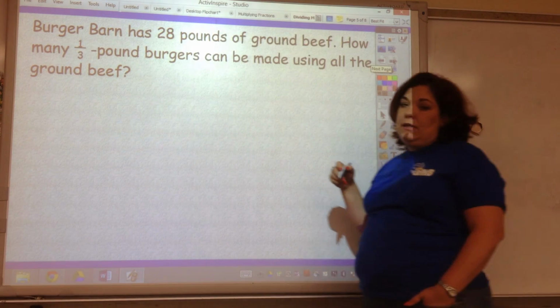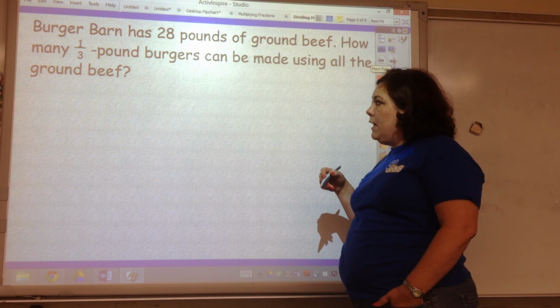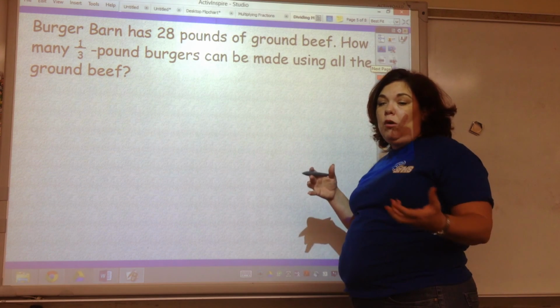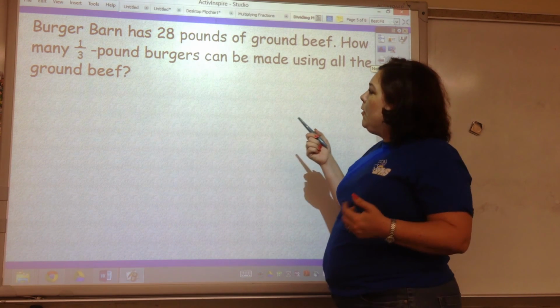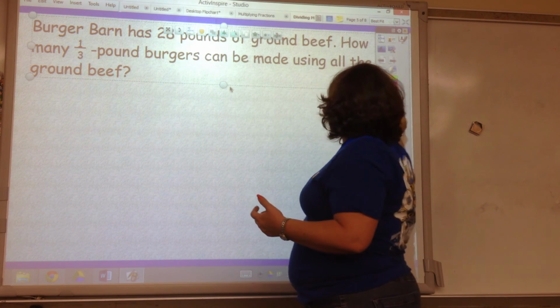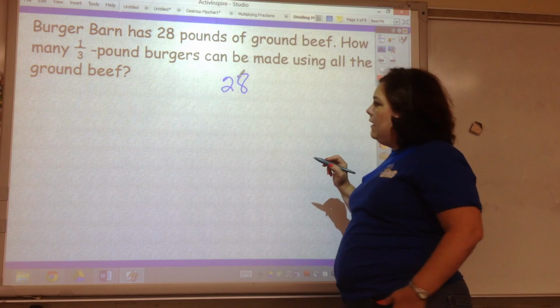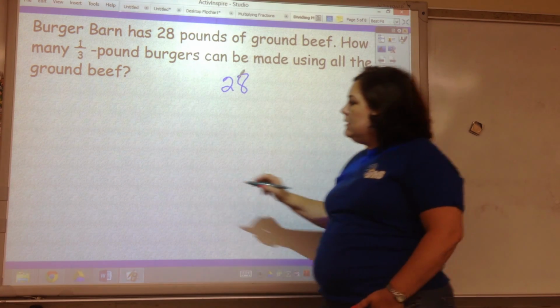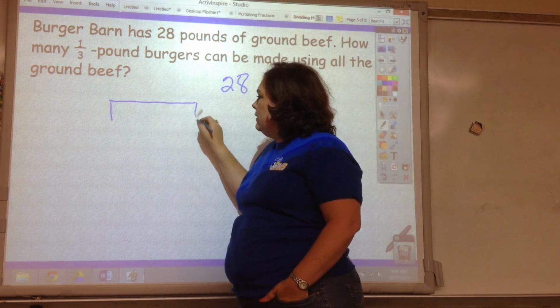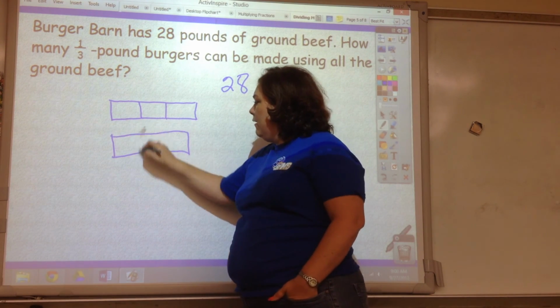So you're going to see these in word problems, and this is going to be very important. I want you to make sure and draw a model. So Burger Barn has 28 pounds of ground beef. So this is like having 28 bars, and I'm not going to draw all of them.